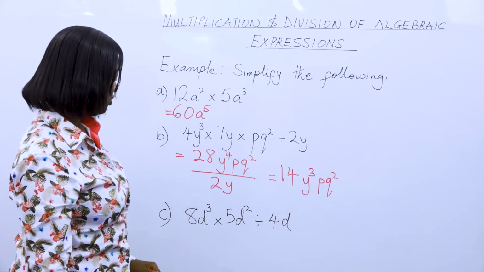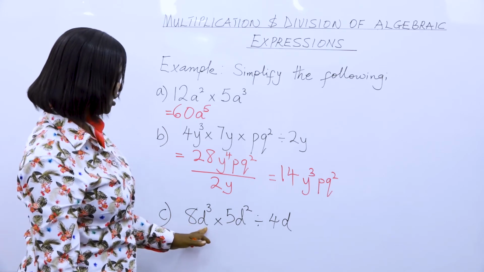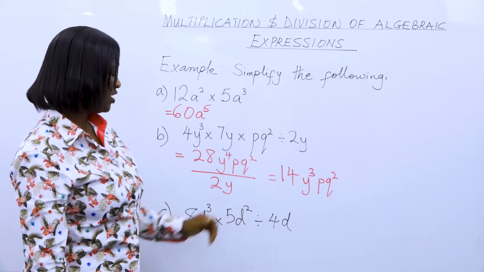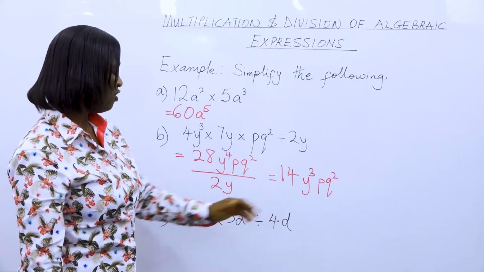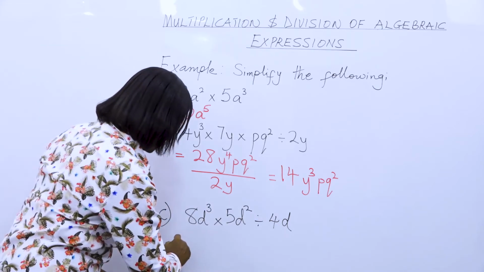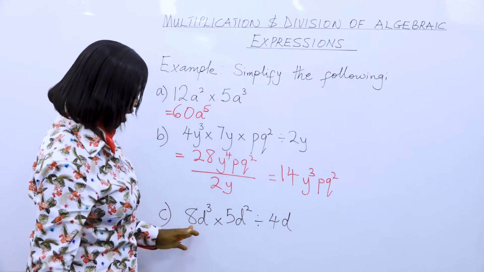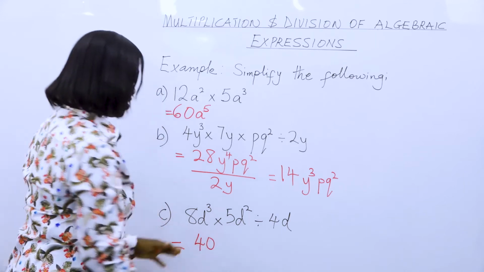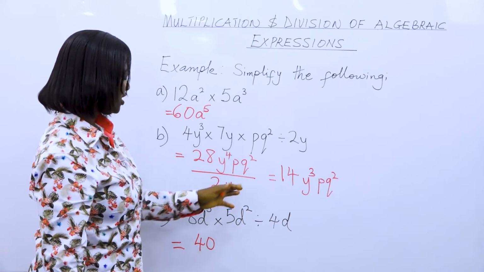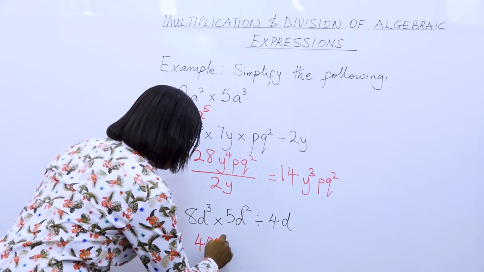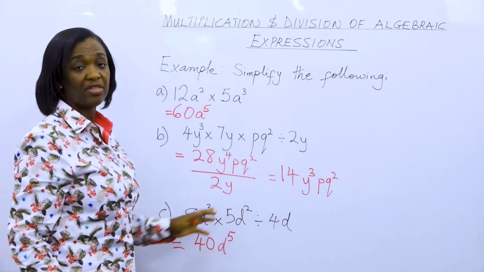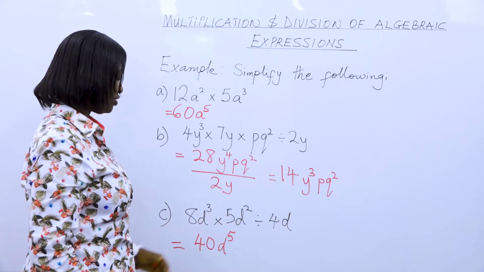For the third example, we have 8d cubed times 5d squared divided by 4d. Again, multiply 8 and 5 to get 40. D cubed times d squared is d to power 5. We add the powers together, 3 plus 2 to give us 5.